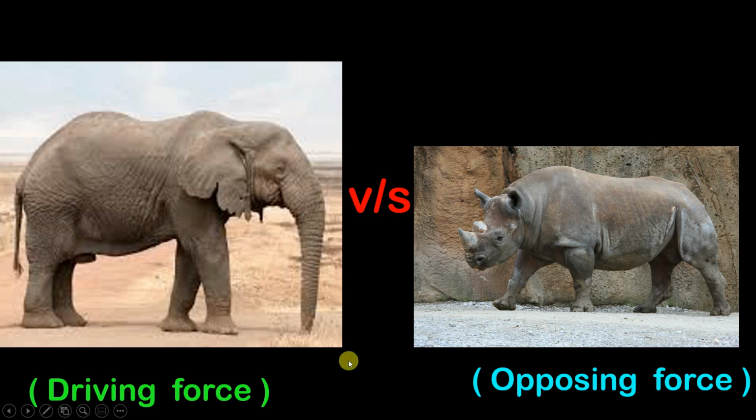Over here, the force applied by the elephant is acting as a driving force, and the force applied by the rhinoceros is acting as an opposing force. The difference between both the forces is less.